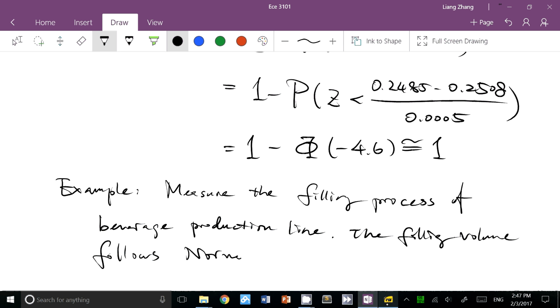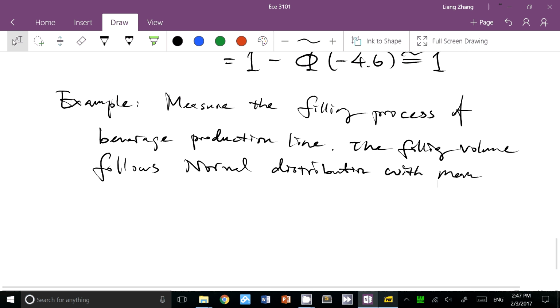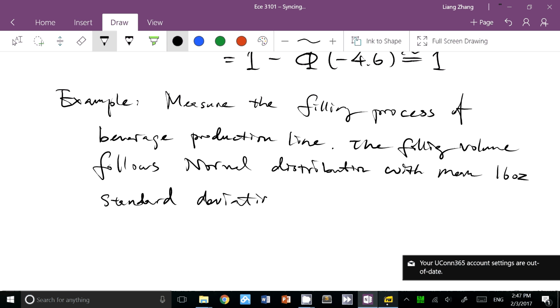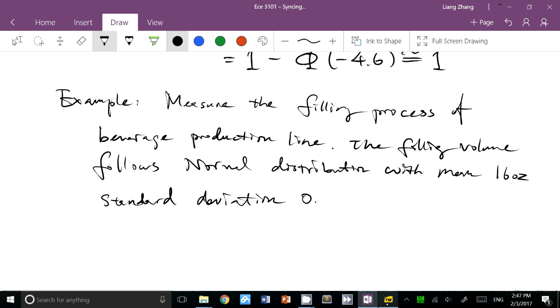Normal distribution with mean equal to 16 ounce and standard deviation equal to 0.2 ounce.